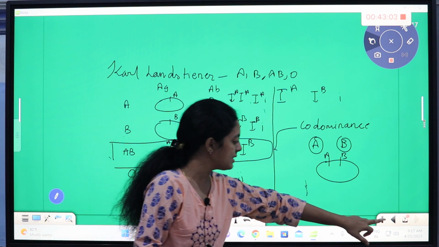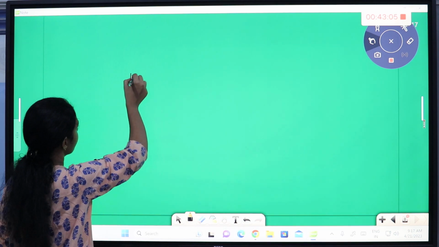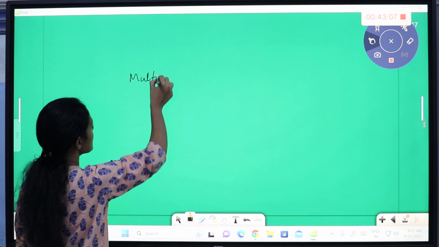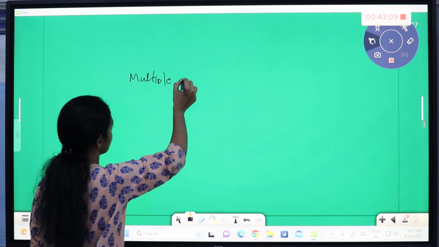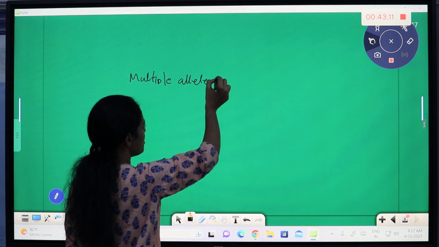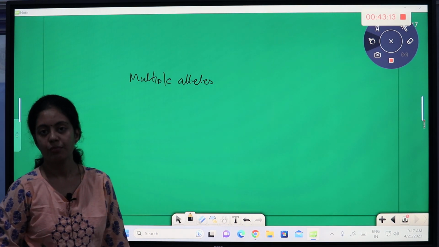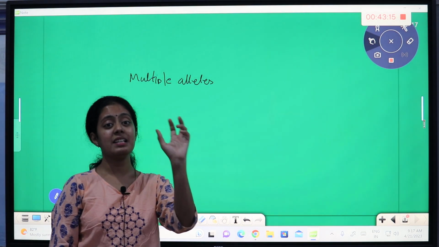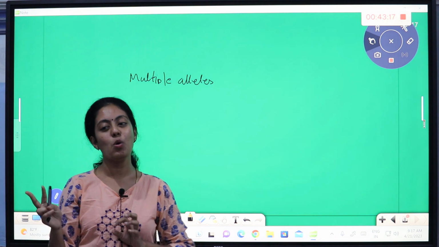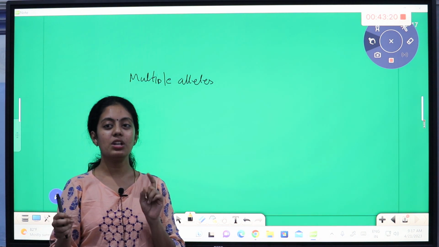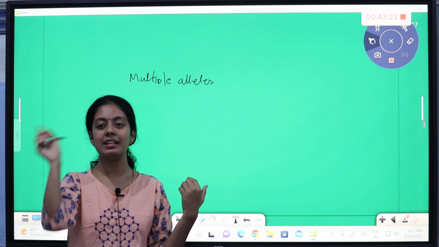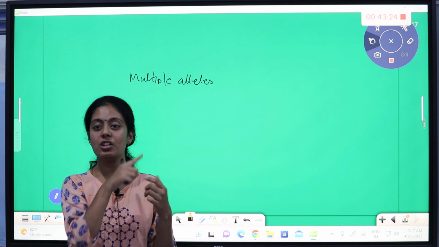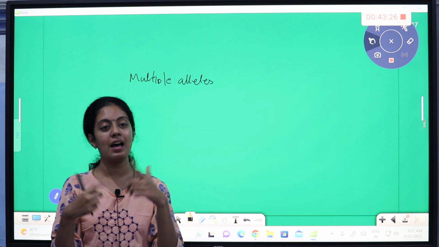Next part says multiple allelism. Can anyone tell what is multiple allelism? One gene, a character is controlled by more than 2 alleles. Usually, for height, you have capital T, small t. We saw the shape of the seed, round, capital R, small r.